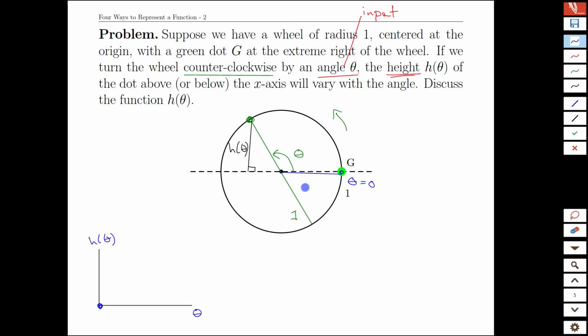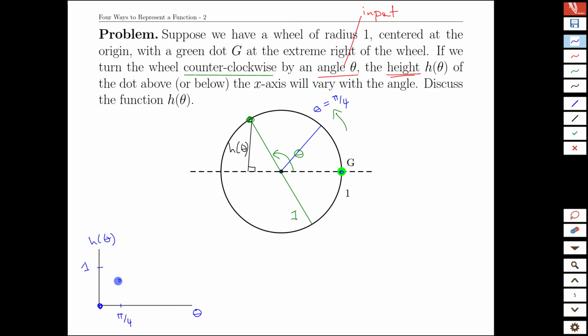Then let's take pi over 4, which is 45 degrees. We have a theta value, and we're going to get a value back for that. Well, we know the radius is 1, so it's going to be something a little less than 1. So let's put 1 in our chart here, and at pi over 4, we're going to have something a little less than 1.